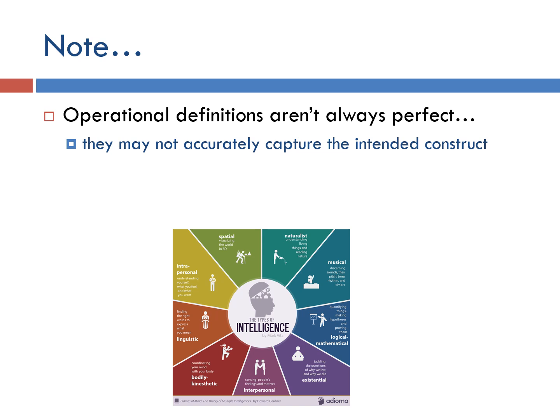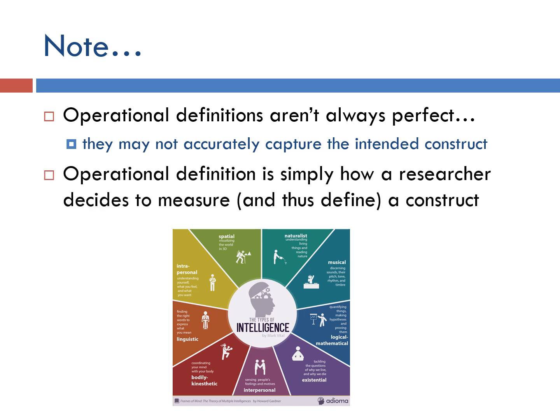It's just the way we are measuring it is not quite capturing their intelligence. So how we operationalize is a very important step for all researchers, and part of research is operationalizing the same construct in different ways.